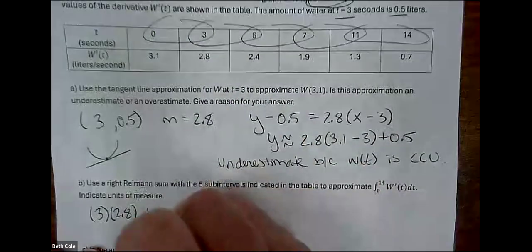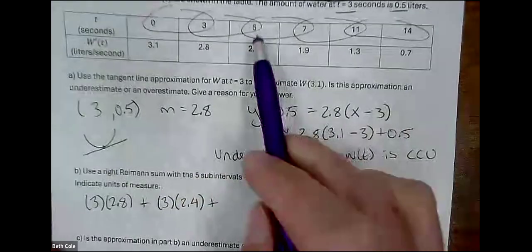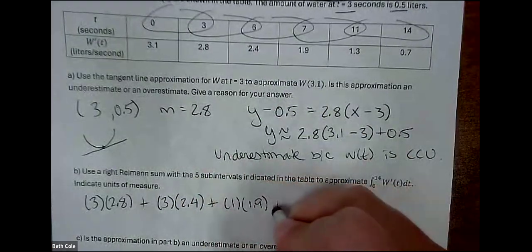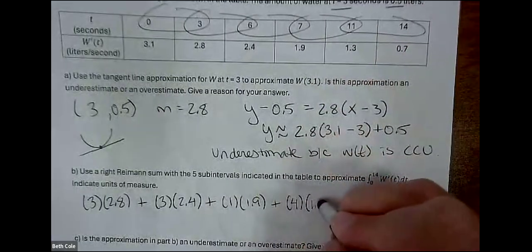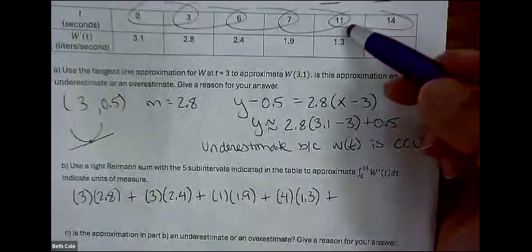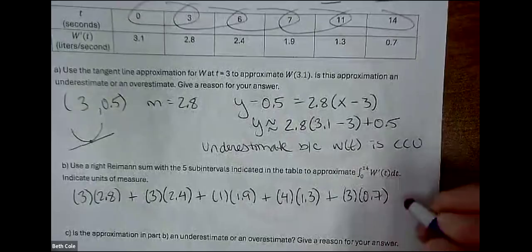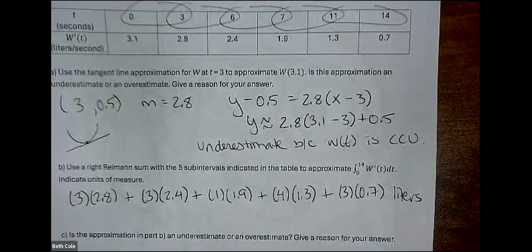Plus, from 3 to 6 is 3, and then the number on the right is 2.4. 6 to 7, that's 1, times 1.9. From 7 to 11 is 4, and the number on the right is 1.3, and then from 11 to 14 is 3, and we want 0.7, and it's all of that liters.